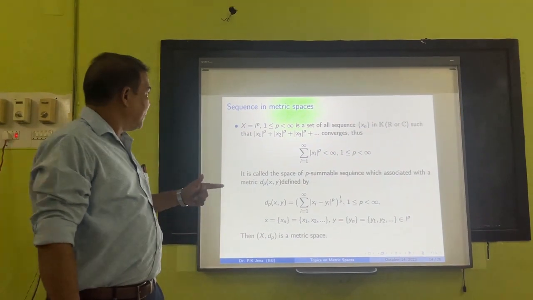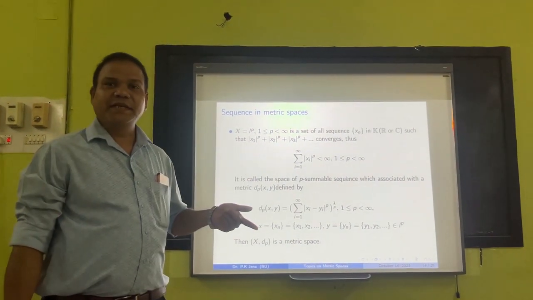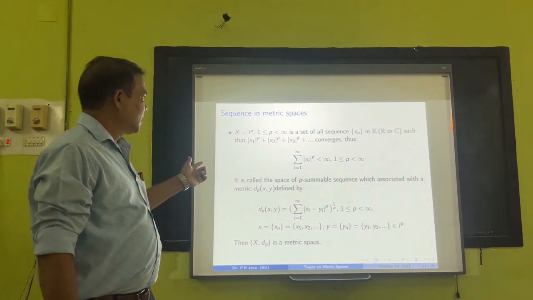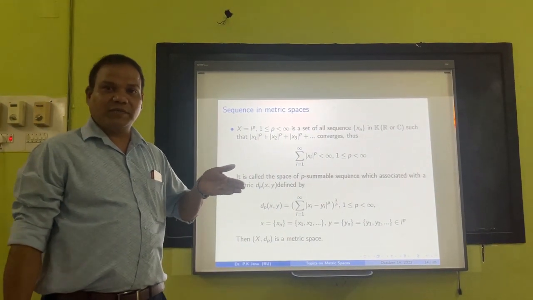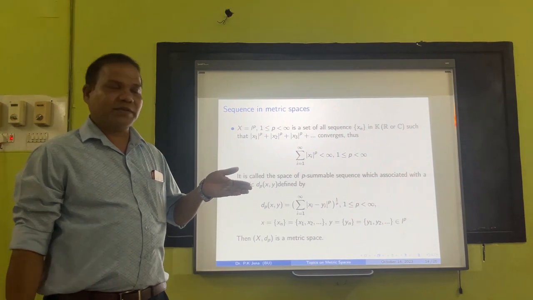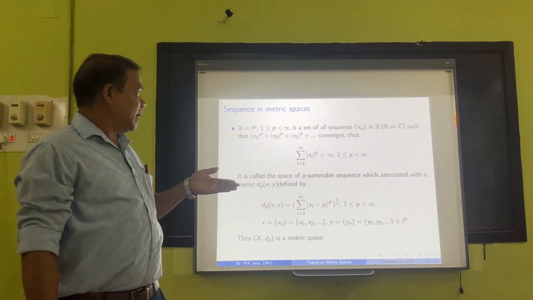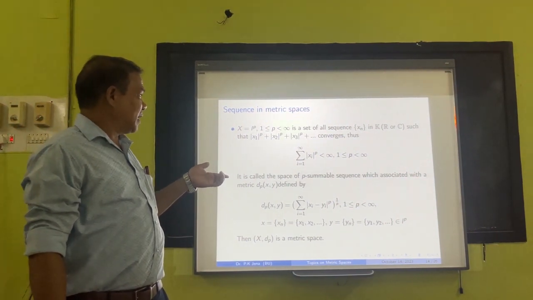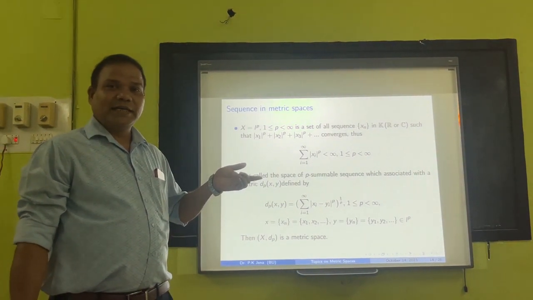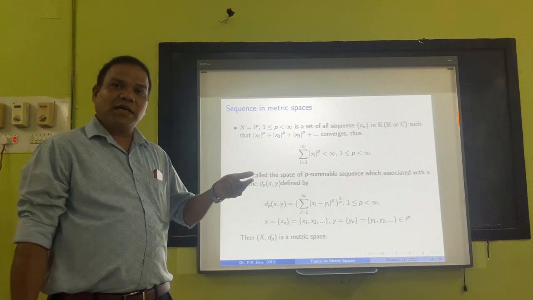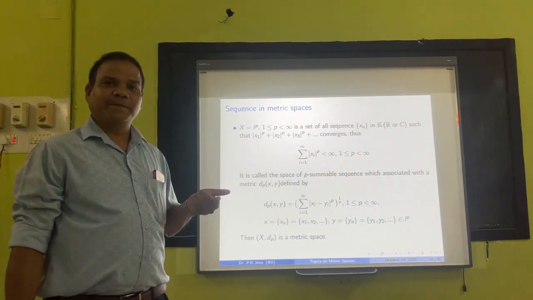Coming to the metric on the sequence space, here LP is the set of all sequences xn in R or C. We are taking it as a real or complex sequence, where the terms are pth summable: the summation of modulus of xi to the p is convergent.